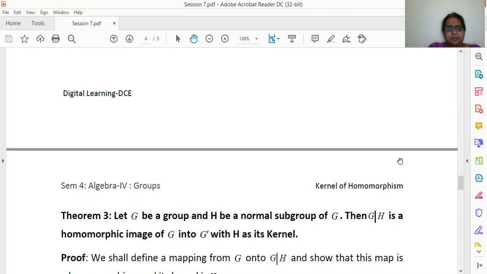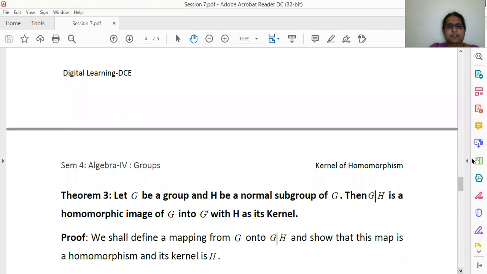So we shall define a mapping from G onto G by H and show that the mapping is a homomorphism with H as its kernel.